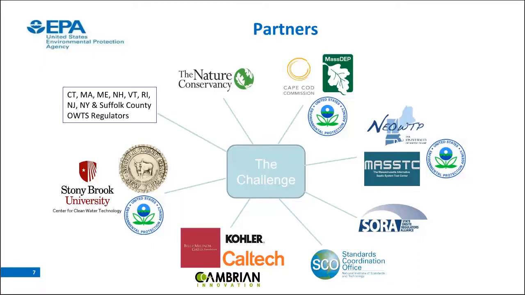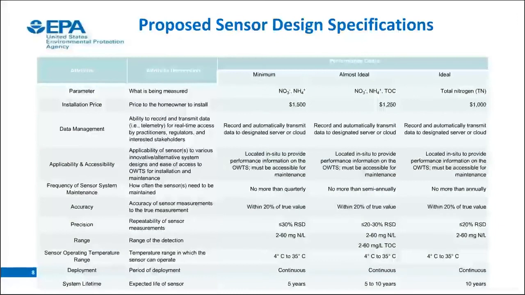There were a number of different partners for this work, ranging from the Nature Conservancy to the Massachusetts Alternative Septic System Test Center and multiple parts of EPA and state and regional people. So there was a lot of interest in this topic, and a suite of sensor design specifications was identified. I just want to point to the top two: the goal is to have an installation price of $1,500 or less, and at a minimum to be able to measure nitrate and ammonium.